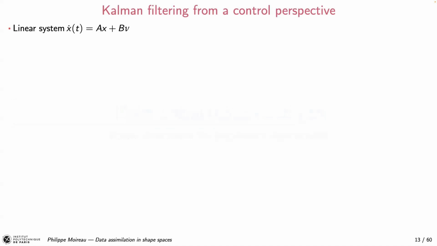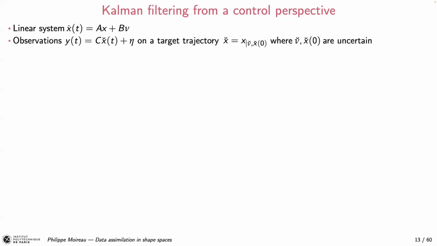In order to present what data assimilation is, let's start with a very simple dynamical system. Dot x means the time derivative of x. So you have a system like this, a class of systems, because it's parameterized by the initial condition and the source term here. On this class of systems, you see one solution, which is called the physical solution.